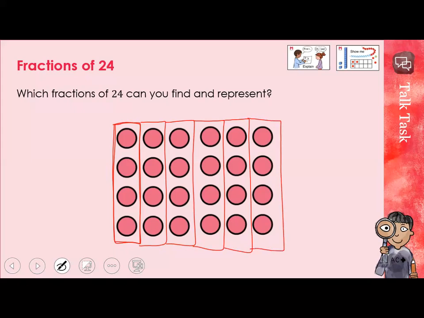I've got 6 columns of circles. So each of the columns is 1/6 of the circles. So I know that 1/6 of the 24 is 4. So 1/6 of the 24 circles is 4 of them.